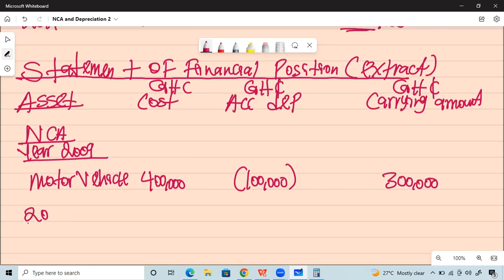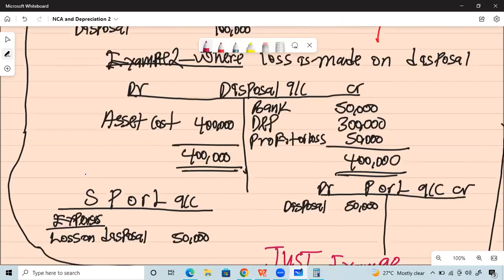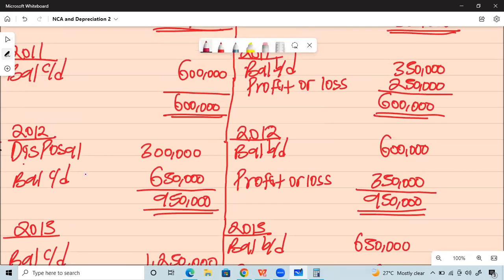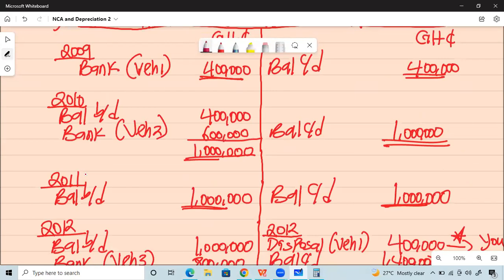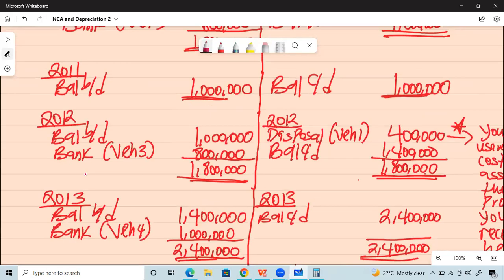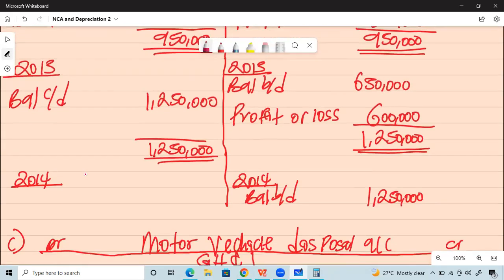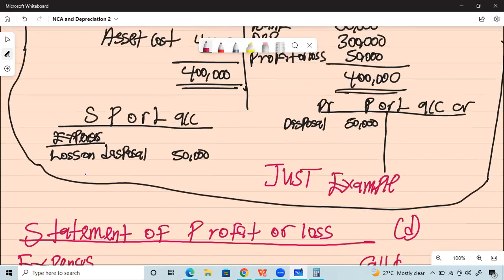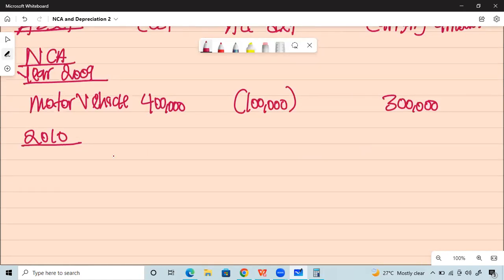In 2010, what is the value of the asset that we have? The value of the asset that we have in 2010 and 2011 is 1 million. So that is that. That is the cost.